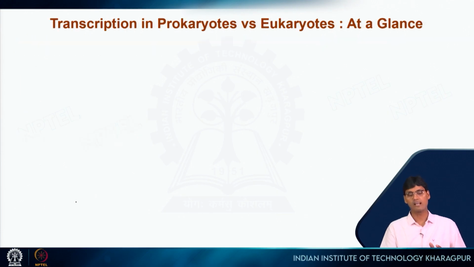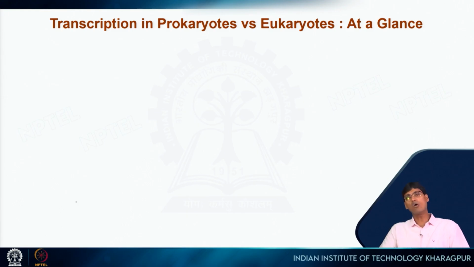As a result of that, a few things are different in prokaryote and eukaryote. Particularly if I say about the RNA polymerase, in case of eukaryote we have different types of RNA polymerase and they have different roles, like RNA polymerase 1, 2, 3, but in case of bacteria or prokaryote we have the same type of RNA polymerase and it transcribes all different types of RNA including mRNA, rRNA and tRNA.